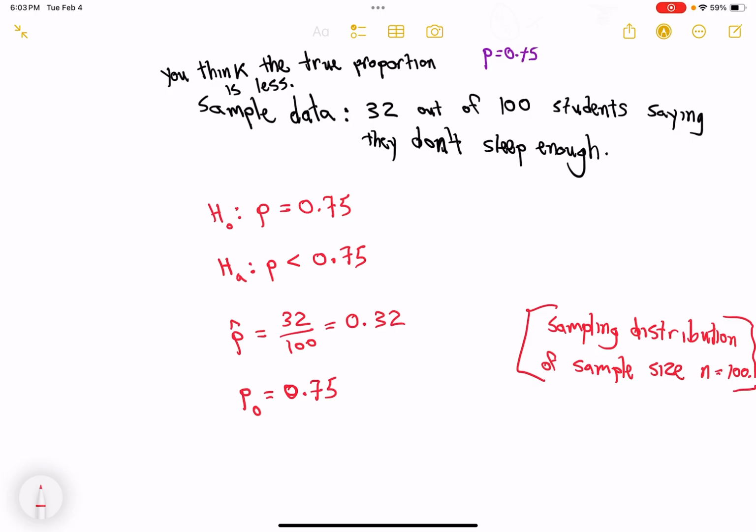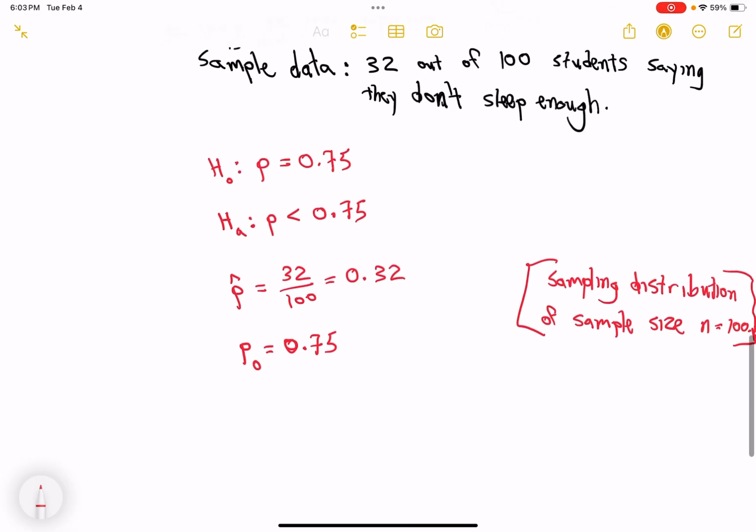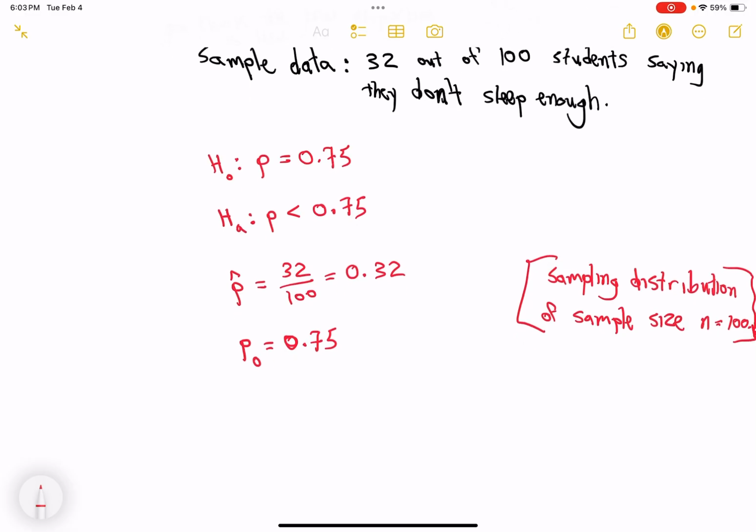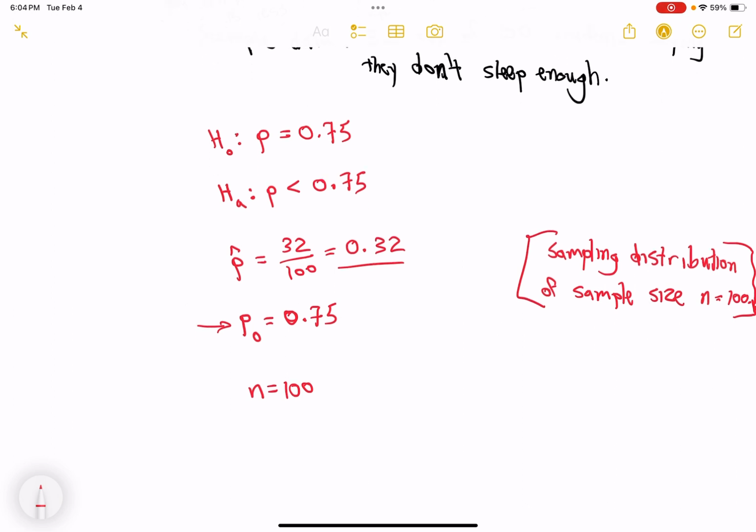They will tell you what the sample size is. But in the one that I've given you here, the sample size was 100. So what's kind of cool about the theoreticals of what we're doing here is we're imagining a sampling distribution that's focused around the null proportion, but we're imagining it in sample sizes for the way that we got our p-hat, right? Where n is equal to 100 in this particular instance. And that will vary depending on the question and what's provided.